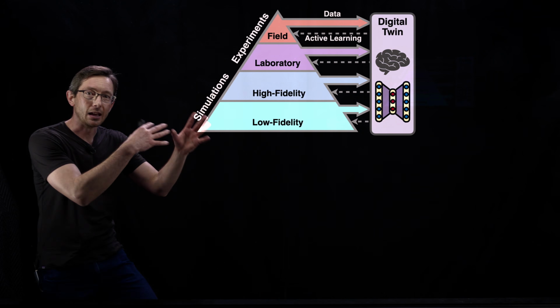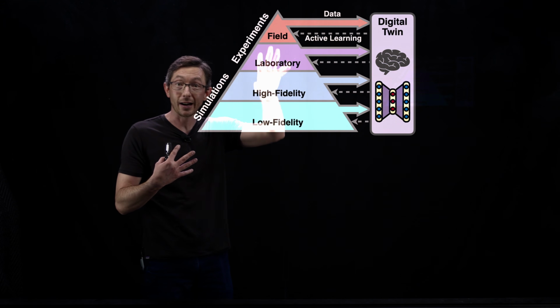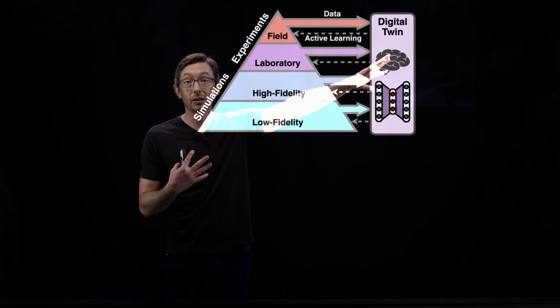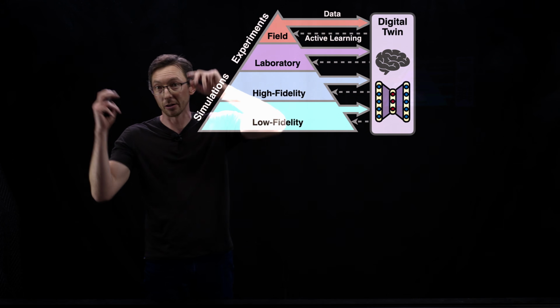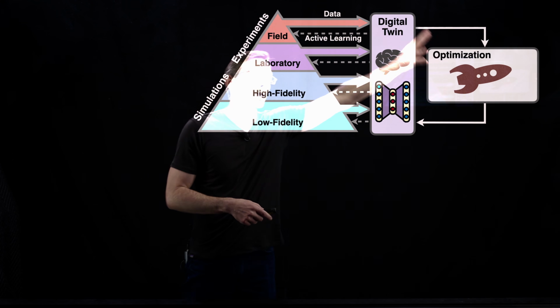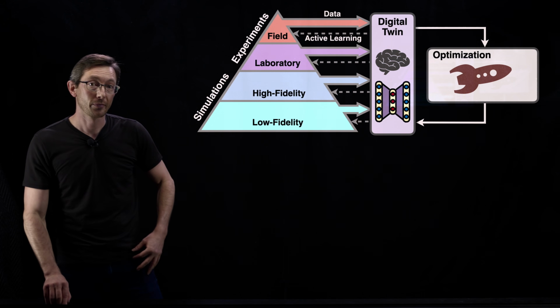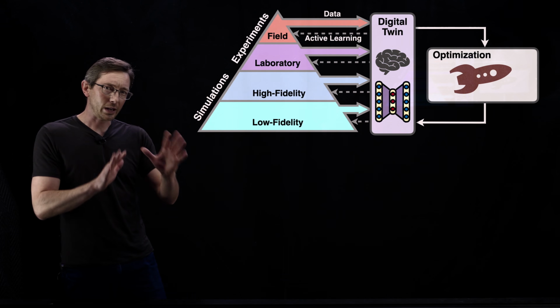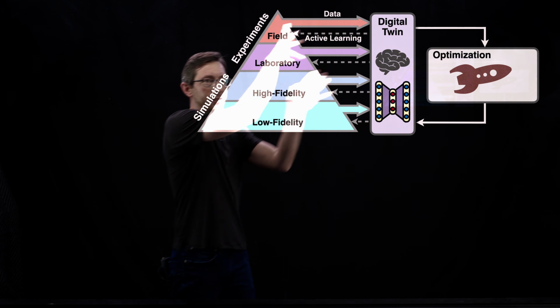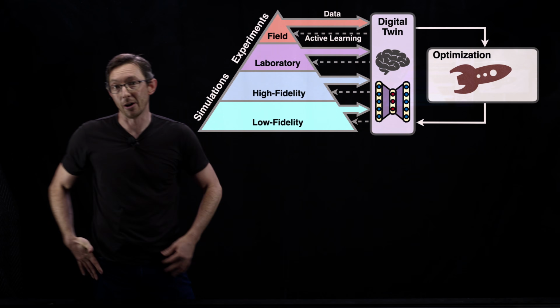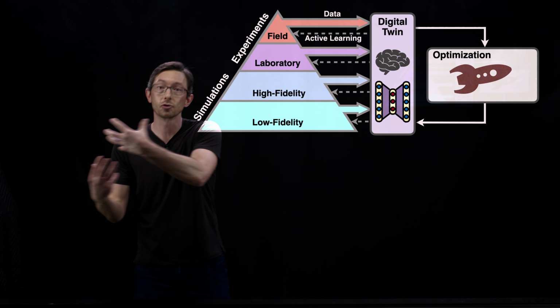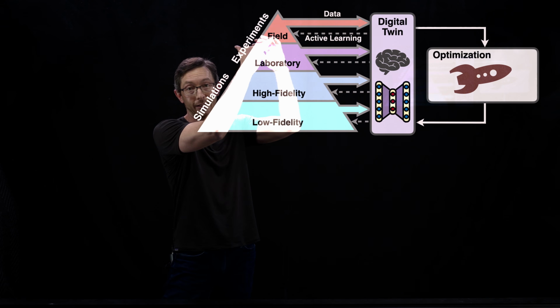That curated data is going to be used to build our machine learning models, which we're going to call our digital twin, that we eventually want to do optimization over. Now, what I've drawn here is a set of data going into the machine learning model. So the machine learning model is drawing on all of this data that we've collected.